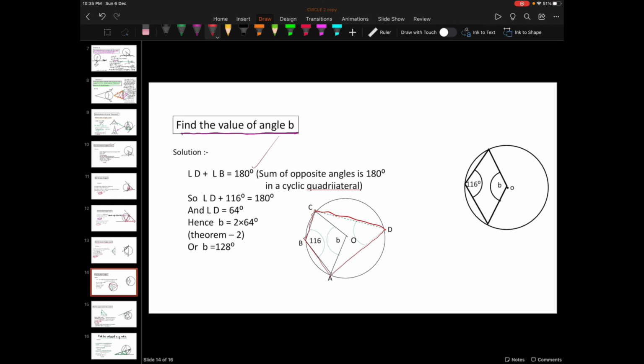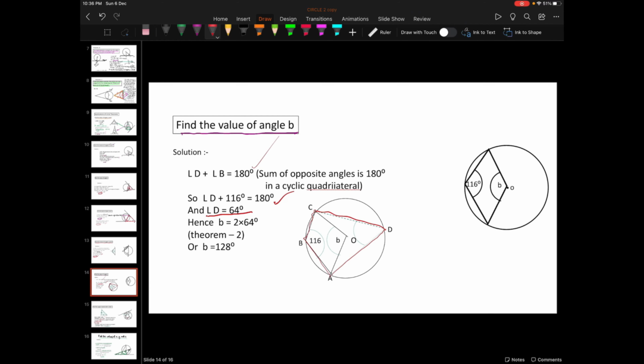Then angle D plus angle B is equal to 180 degree. But angle B is equal to 116 degree. So angle D plus 116 degree is equal to 180 degree. And D is equal to 180 degree minus 116 degree, and angle D is equal to 64 degree.